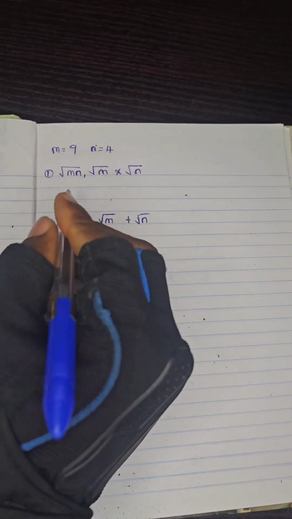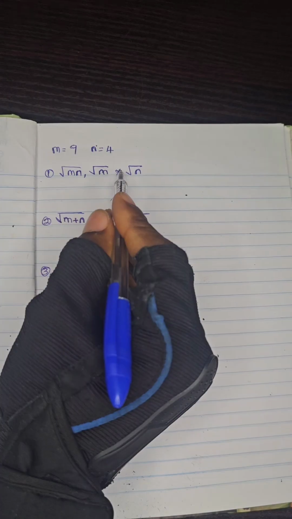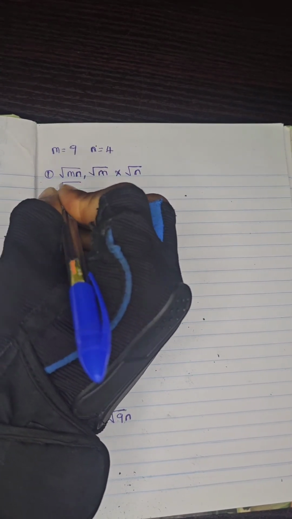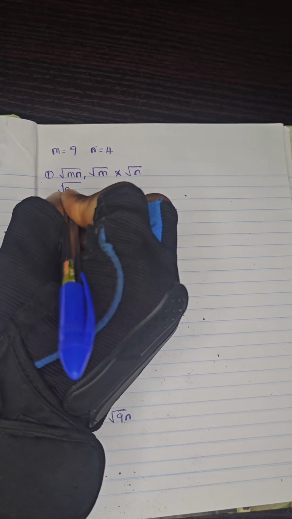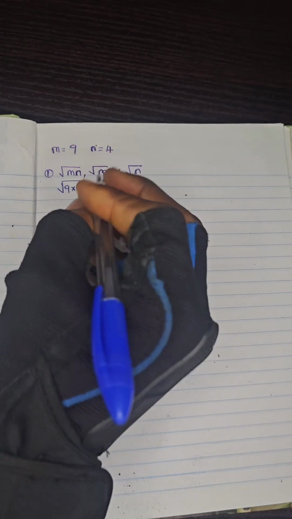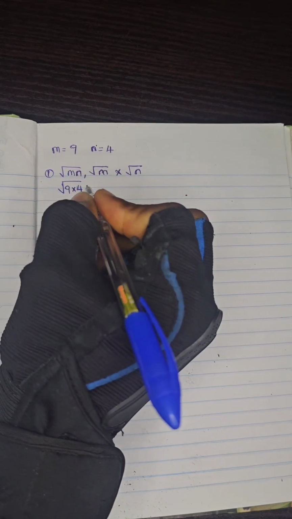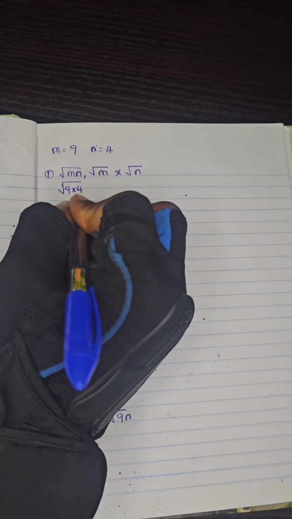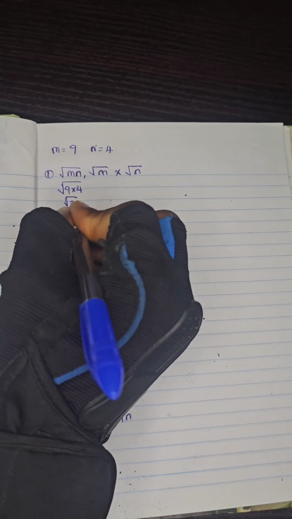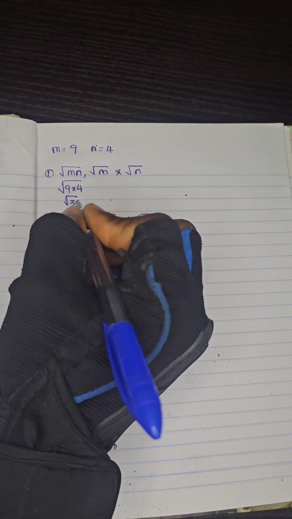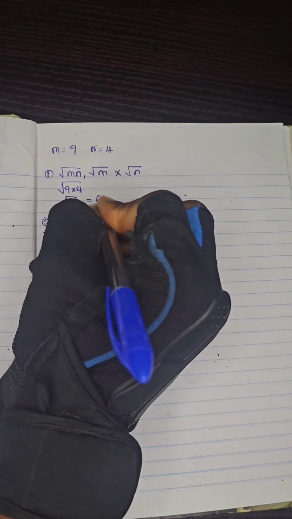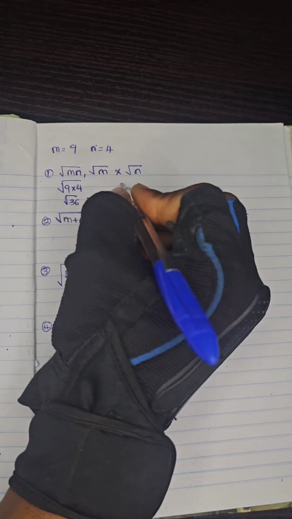So let's start. Let's check if this and this are the same. Now we'll start with the square root of m times n. We have 9 times 4, because m is 9 while n is 4. On one hand, we have the square root of 36, which is equal to 6, right?